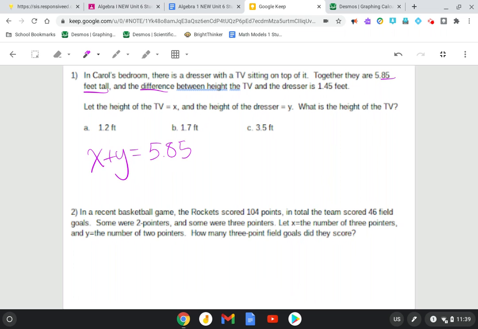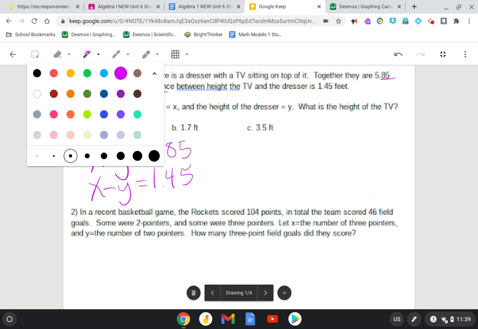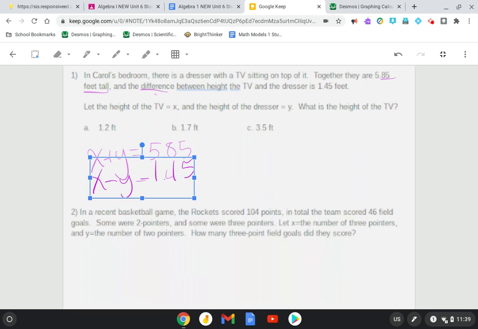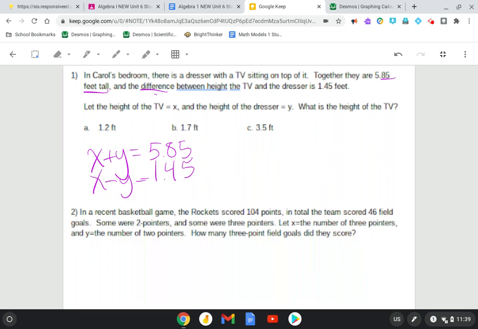Then it says the difference, which is subtraction, is, what did it say, 1.45 feet. So we're going to combine these two equations. We can see here that if I add these equations up, the y's are going to cancel, leaving me with 2x on one side.